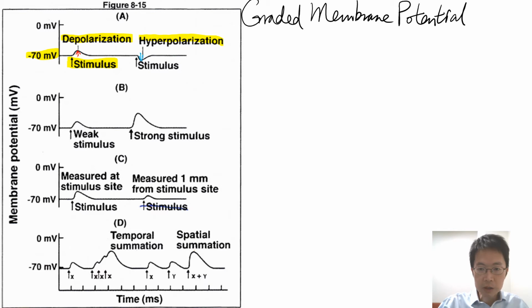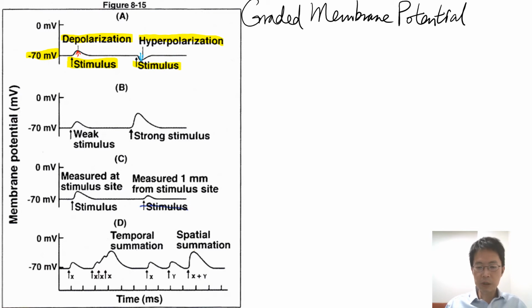I hope you can see it on the screen when it is bigger. Basically it's just a little drop of the resting membrane potential, and we call it hyperpolarization. It is a decrease. And for the stimulus, you may also assume it is a mild electric shock.